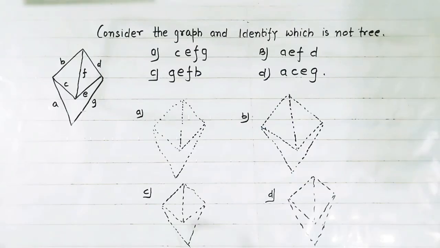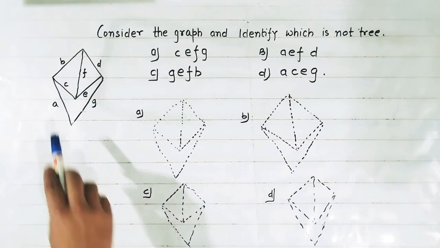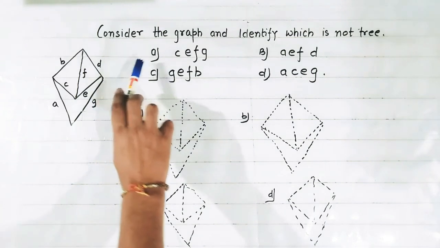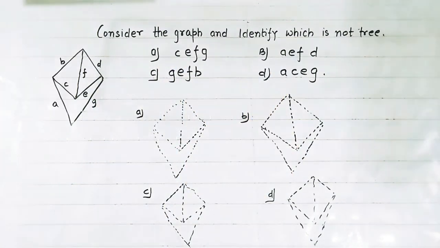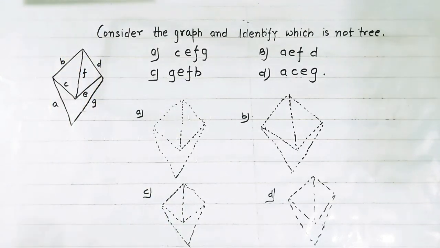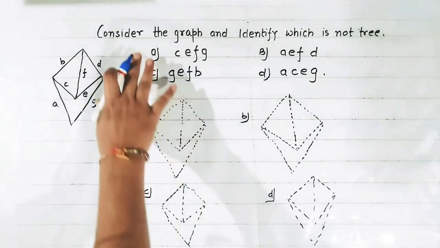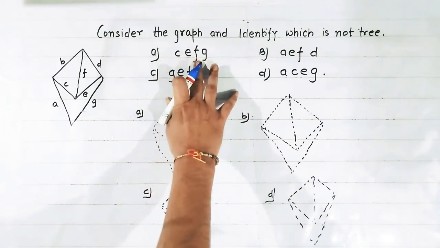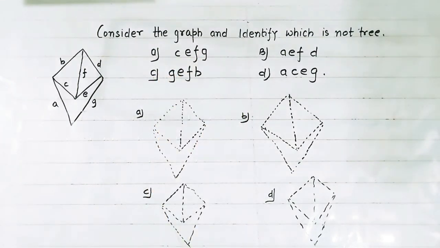Now see this question. In this question, this graph is given and we have to identify which of the following is not a tree. We know that the two essential conditions for a tree are that it must contain all the nodes of the graph and it must not have any closed loop. First we will check option A. Here branches C, E, F, G are given as branches of the tree.